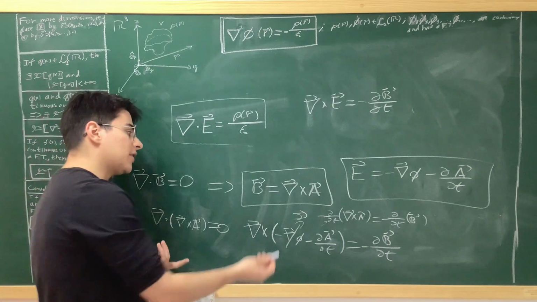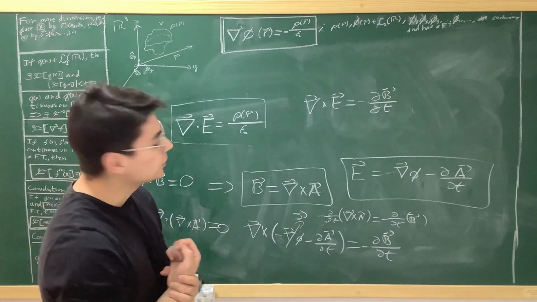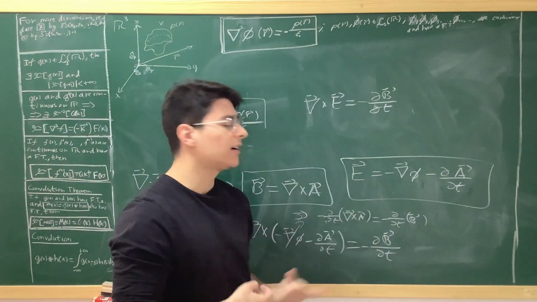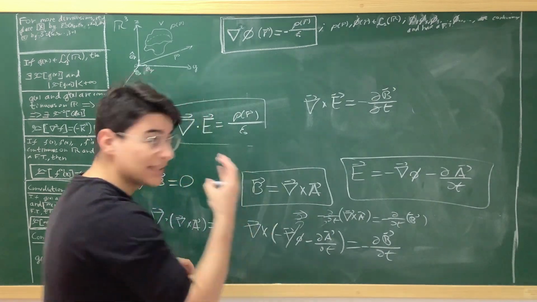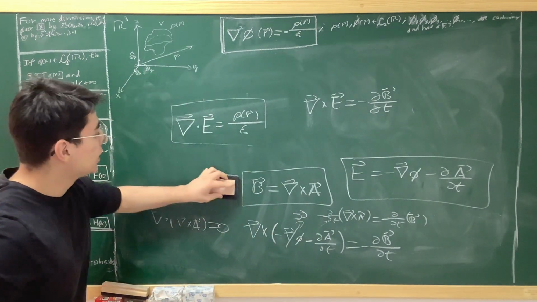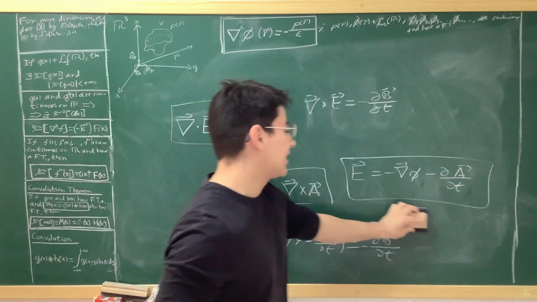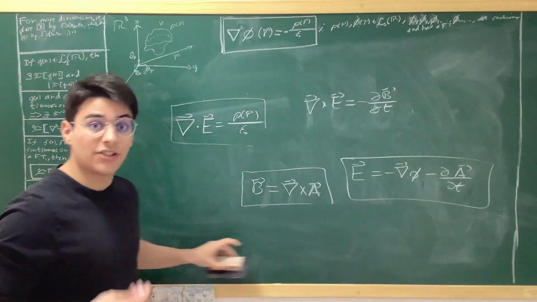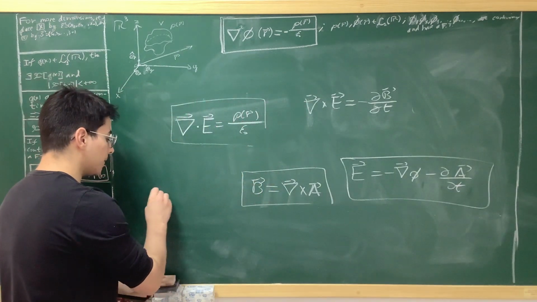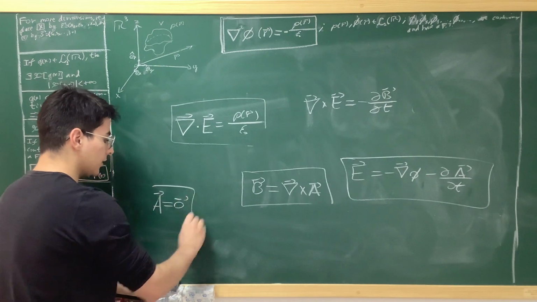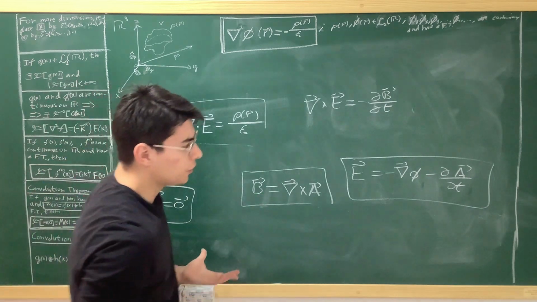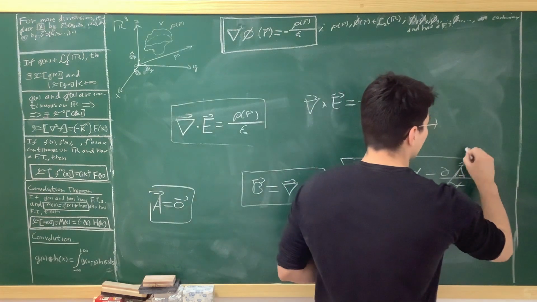So we can actually define B in terms of this vector potential and E in terms of a scalar and vector potential. In this case, we do not really need the vector potential because there's no magnetic field, so we can choose A equals 0. This will give us that B is equal to 0 and that this goes away.